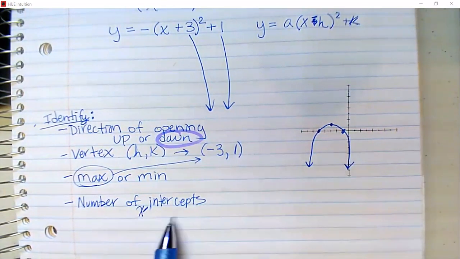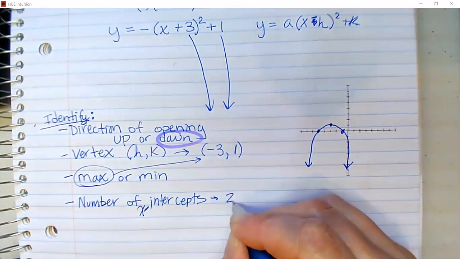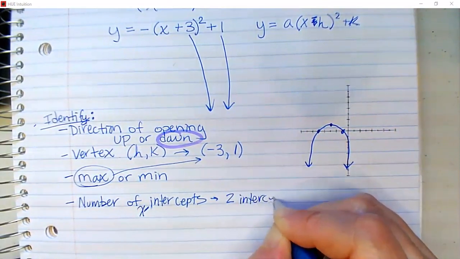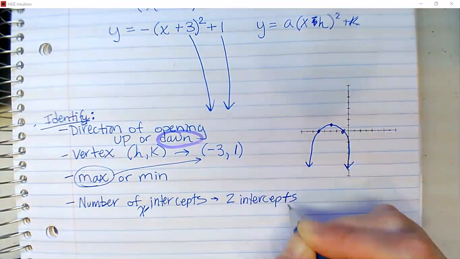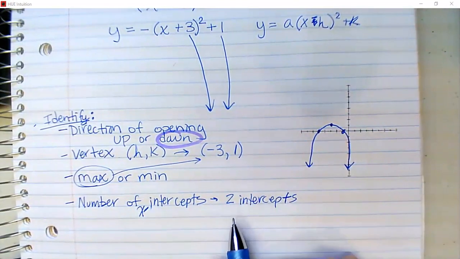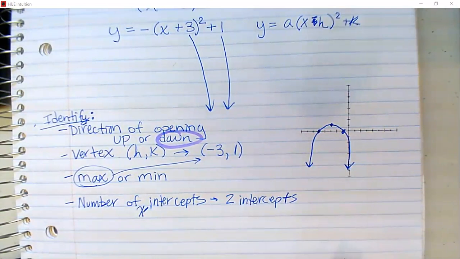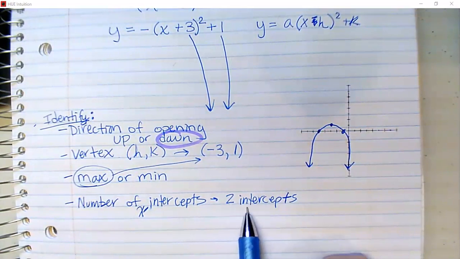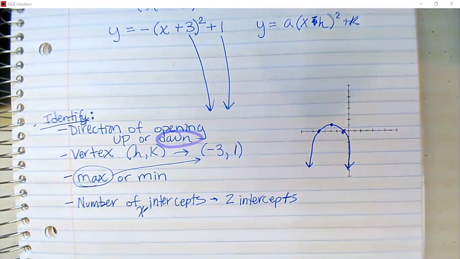They just want to know how many intercepts do we have. We have 2 intercepts. Okay, your options for the number of intercepts would be 1, 2, or 0. Okay, we've already seen one where we had 0 intercepts. This is one where we have 2 intercepts. We haven't seen one yet with just 1 intercept, but I bet we will.